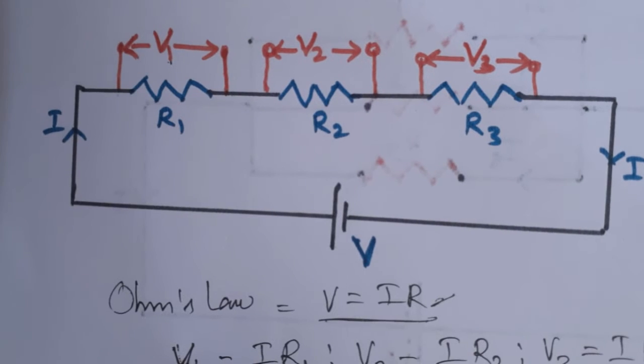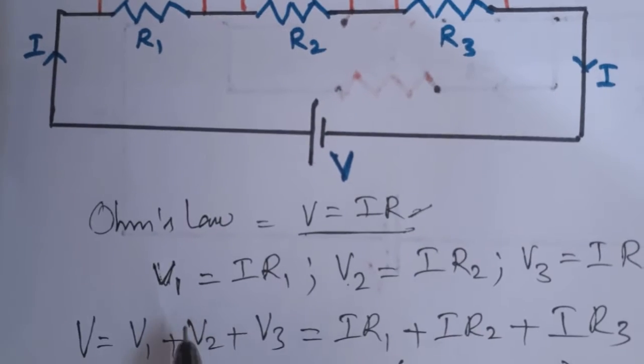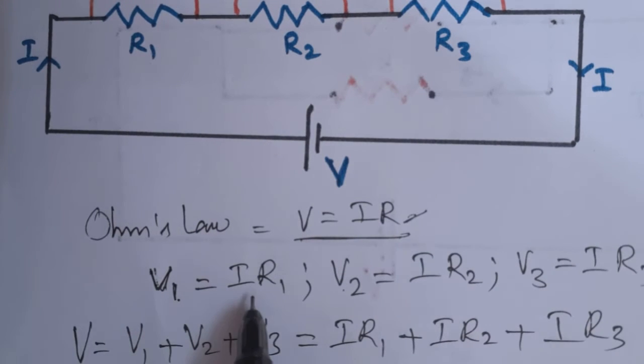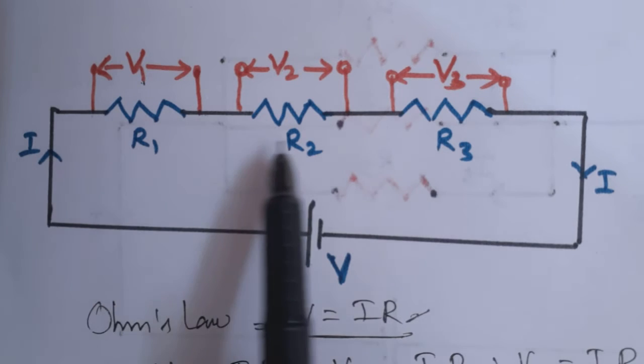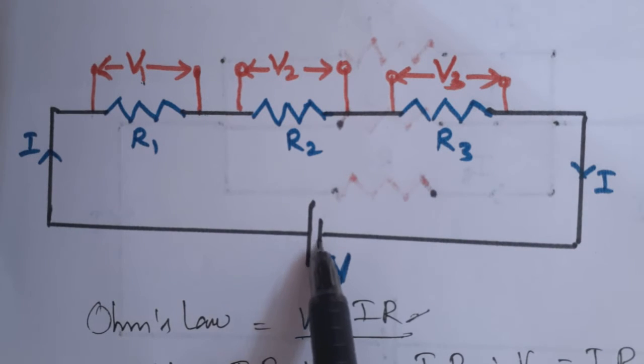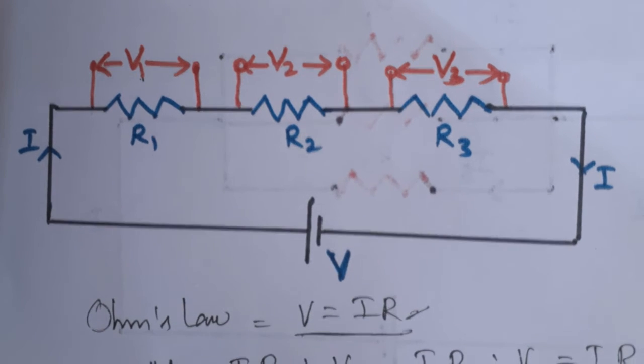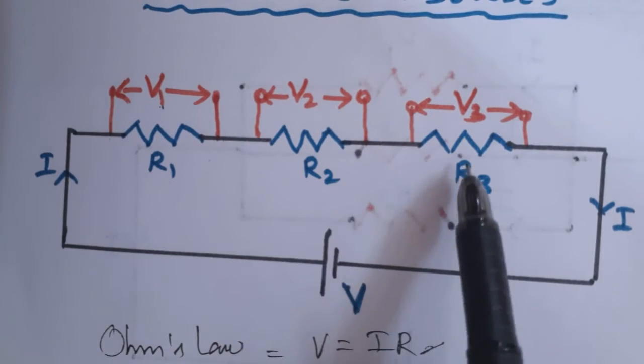Now, while calculating voltage across resistor 1, V1, we can write it as I into R1. In this series connection, current remains constant throughout the flow and potential difference varies for different resistors.